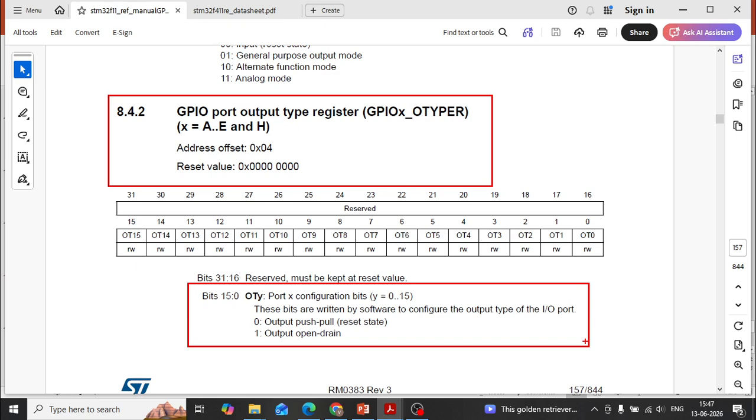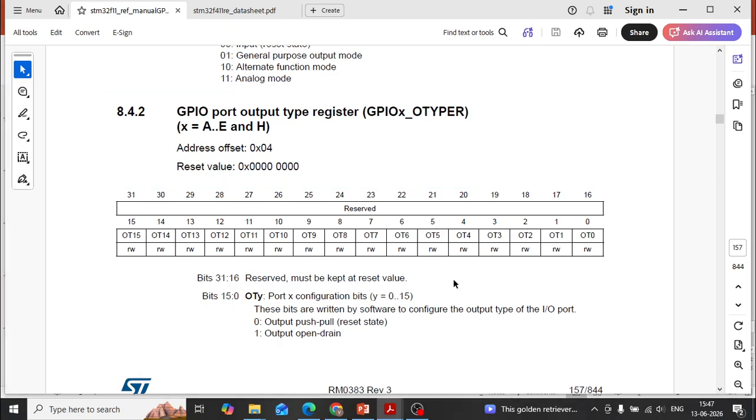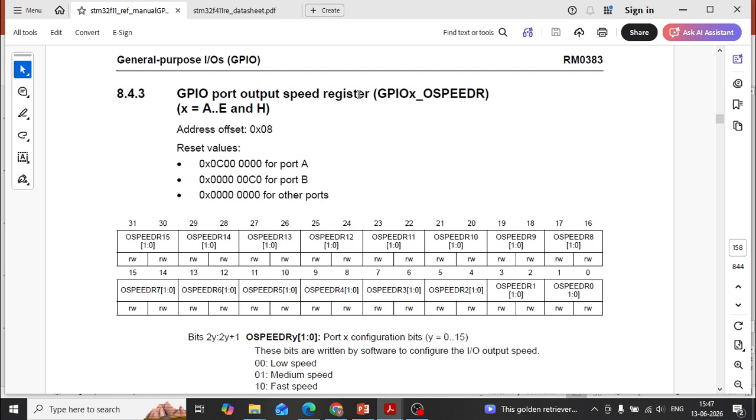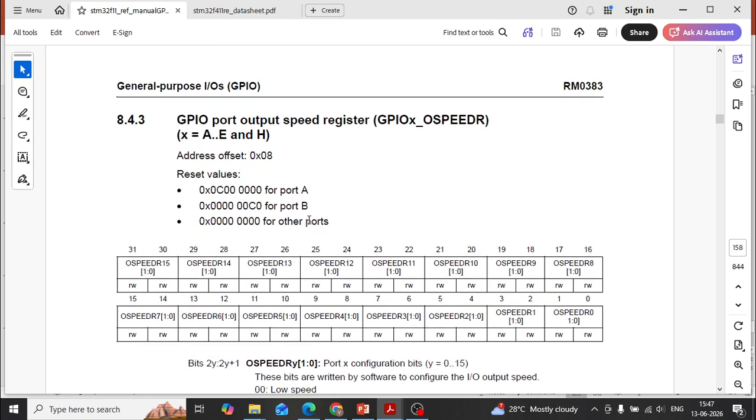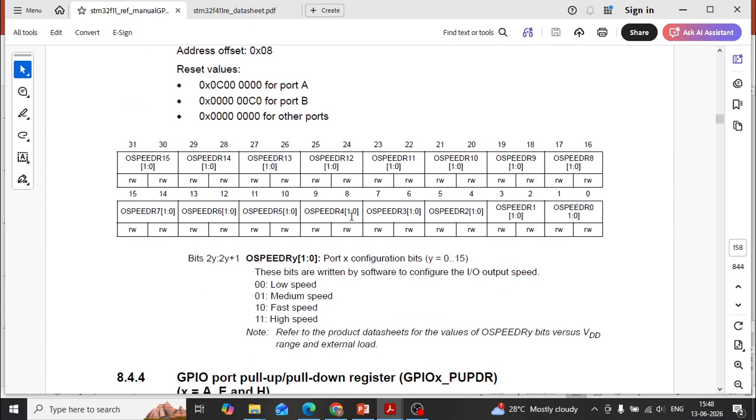Similar to that, if you want to configure any specific speed, microcontrollers can be configured with different speeds, and even GPIOs can be configured at different speeds. So we have low speed, medium speed, fast speed, and high speed. In order to configure the speed of your GPIO, we will use this speed register.